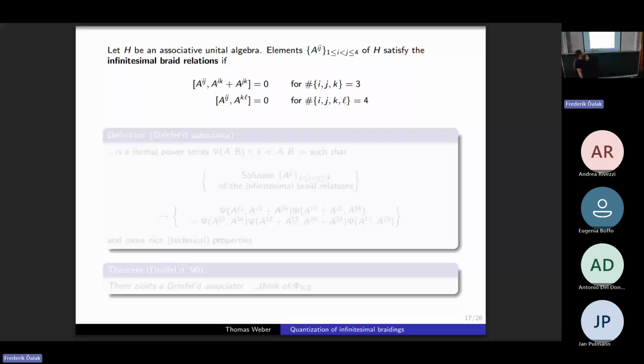The second commutator tells us that if the indices of A are different, so the left ones and right ones are different, the commutator should vanish. While the first one tells us that if the two indices of the first entry match the first index of the second one, then the commutator should also vanish. This is what Kohno and other people call the infinitesimal braid relations.